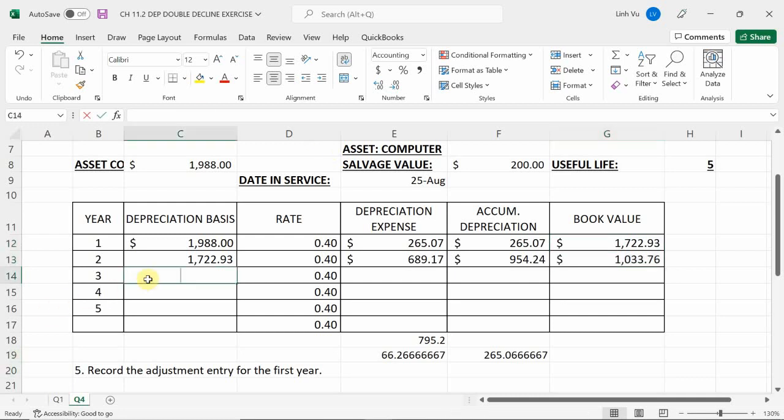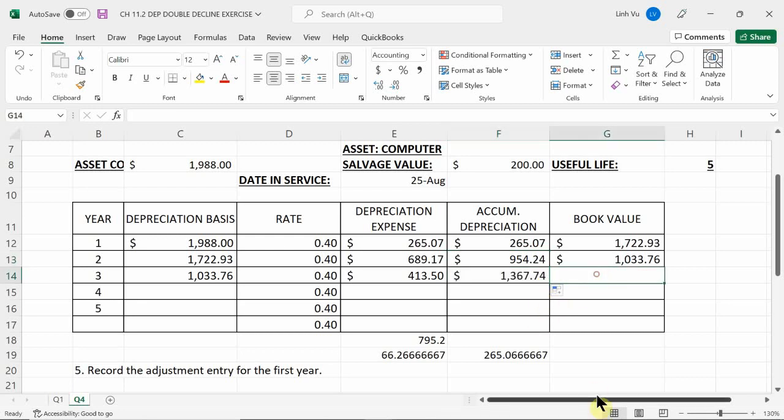You're at year 3. And carry that over. What's my depreciation expense for year 3? $413.50, which will give me accumulated depreciation of 1367.74.